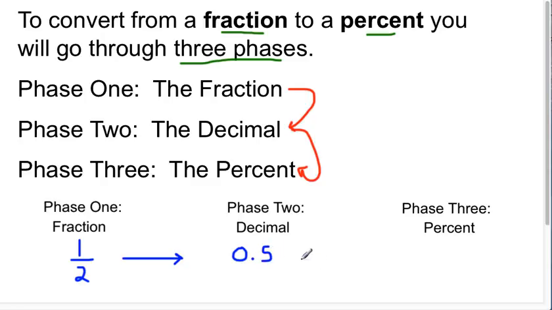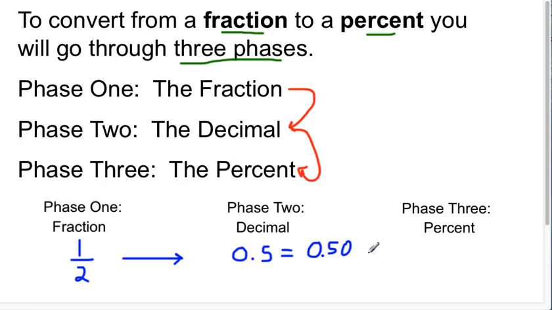But if we want to turn this into a percent, we have to think of 5/10 as the equivalent form of 50 hundredths. They give you the same amount, except we're talking about hundredths instead of tenths.